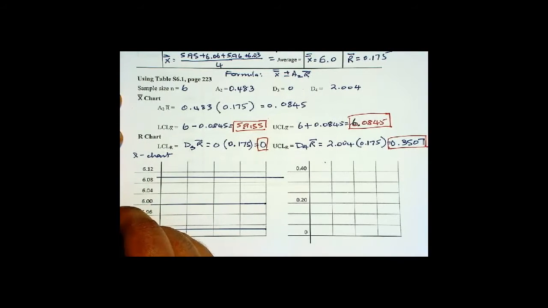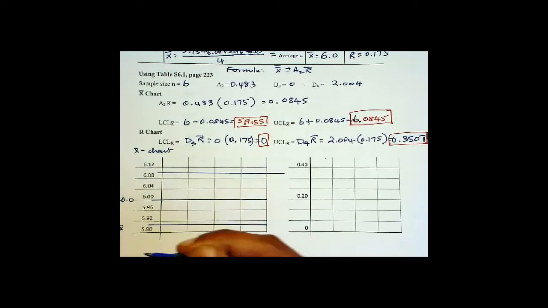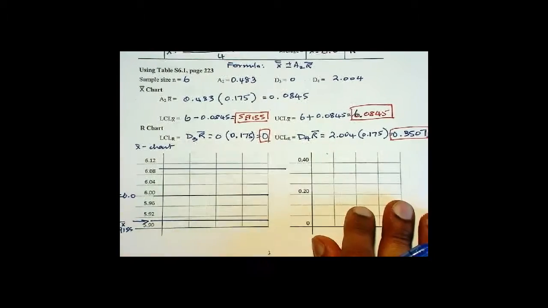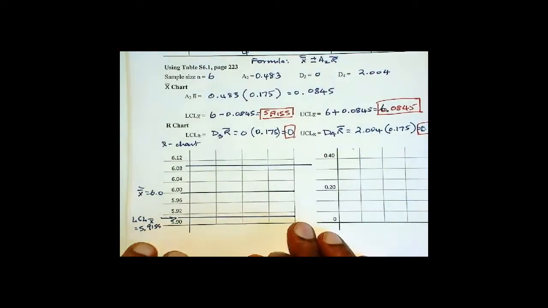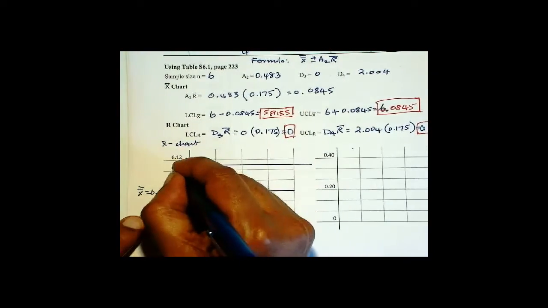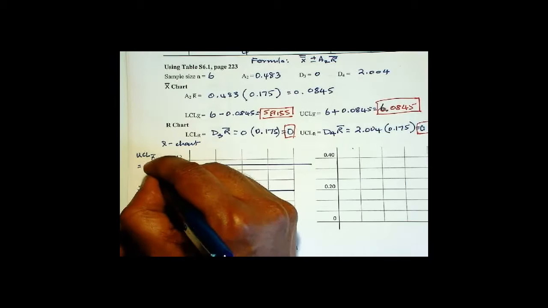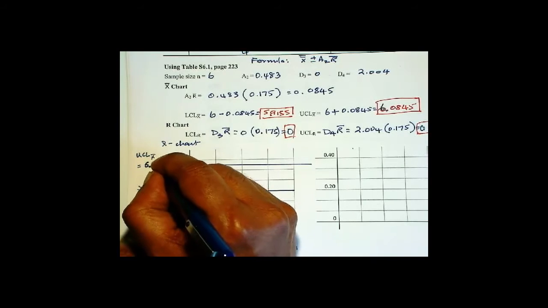So this is X double bar 6.0. This is the lower control limit of X bar equal to 5.9155. Then this is the upper control limit of X bar equal to 6.0845.